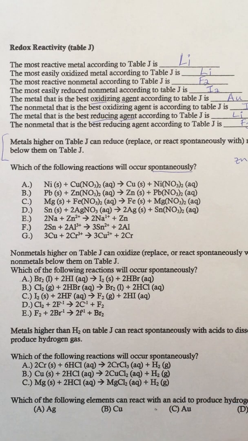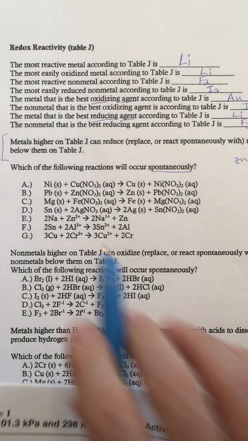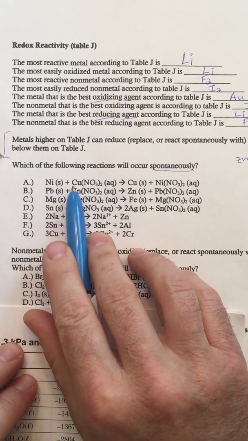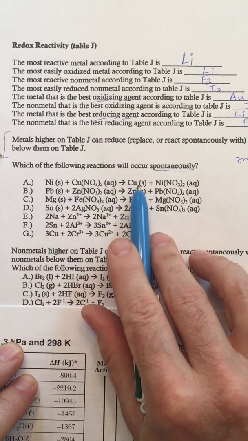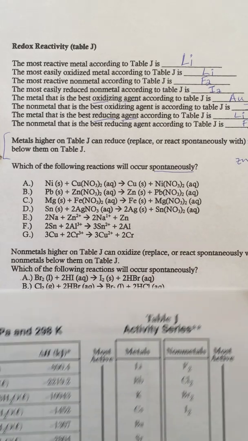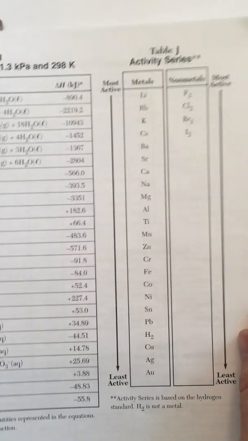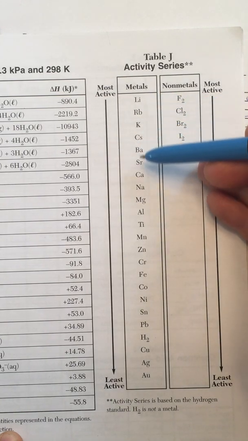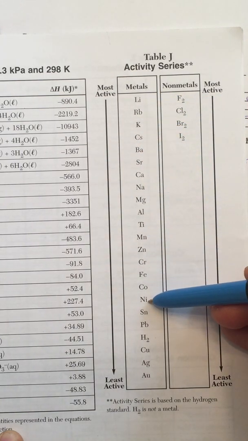Well, let's look at Table J. We're looking at nickel and copper. Will nickel displace copper, leaving copper by itself and forming nickel nitrate? Here's our table. Let's find nickel. Here's nickel.